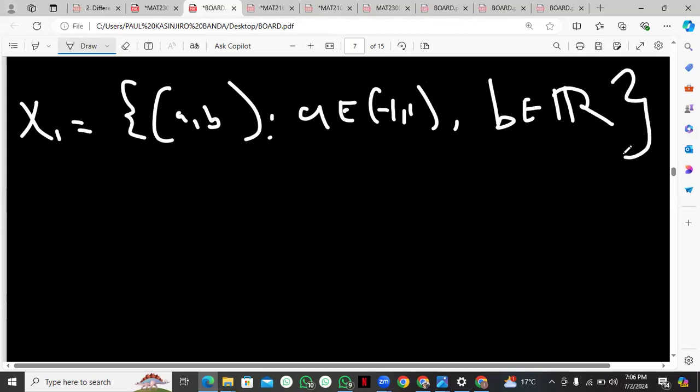So it means the choice of a is actually restricted. You can only get values greater than -1 and less than 1. So it will be restricted to a vertical strip, if I could say.